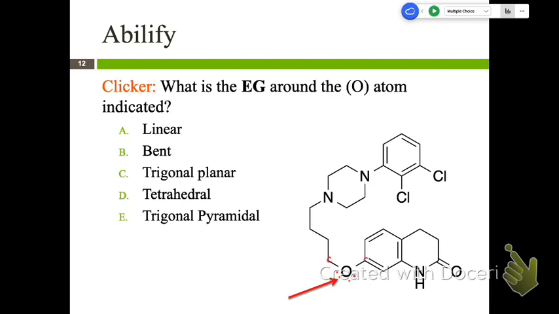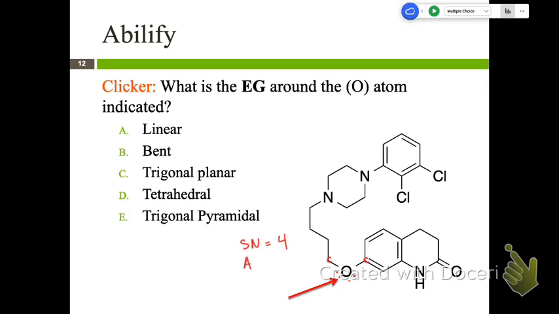So I'll write in the C's here to make sure we know it's attached to those. Can someone tell me what the steric number of that oxygen is? 3? I hear 1, 2, 3, and 4. It has 4 domains: 2 bonds, 2 lone pairs.